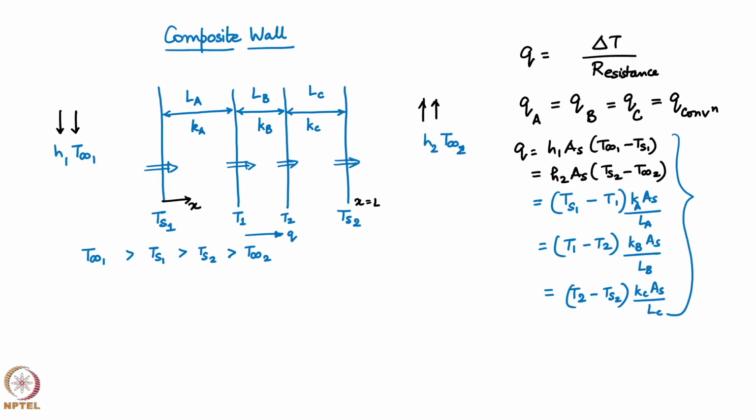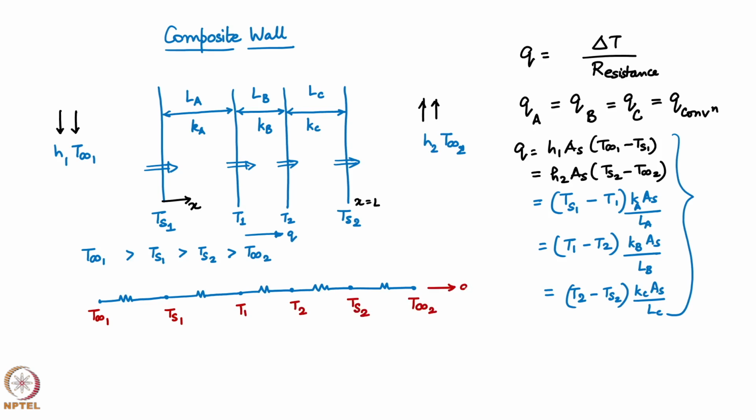So, I am going to write this for 5. So, how many resistances will I have? 5 equations for the same Q. I would have 5 resistances. So, let me write them here. Okay. So, to have a little bit of color. So, this is T infinity 1, T S 1, T 1, T 2, T S 2, T infinity 2.